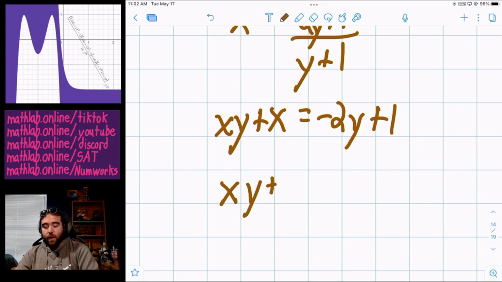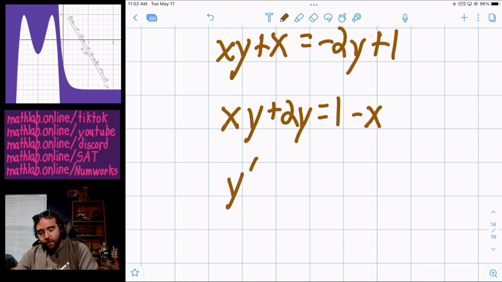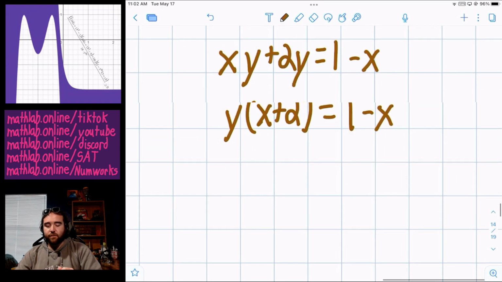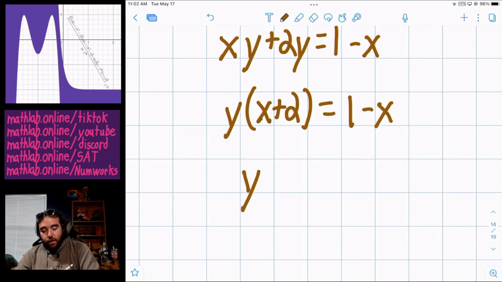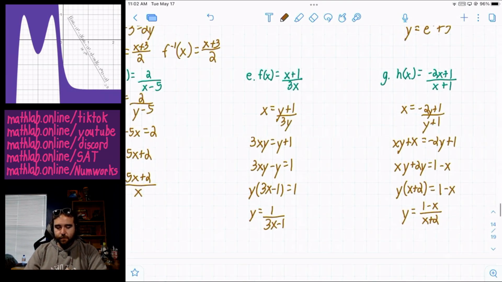So we're going to have xy plus 2y equals 1 minus x. Because once we do that, we can do just like before. We can factor out that y and then divide. So our inverse function is y equals 1 minus x over x plus 2. And that's our inverse function.